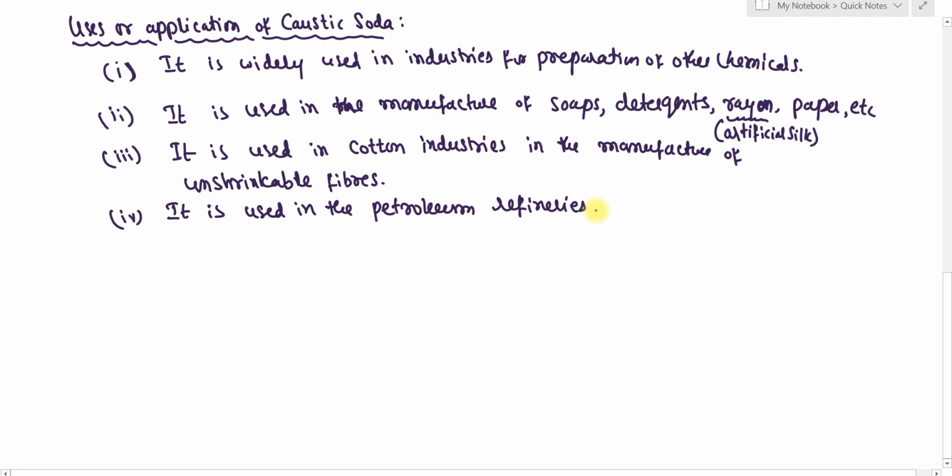So what is the meaning of refining? Refining means purification.